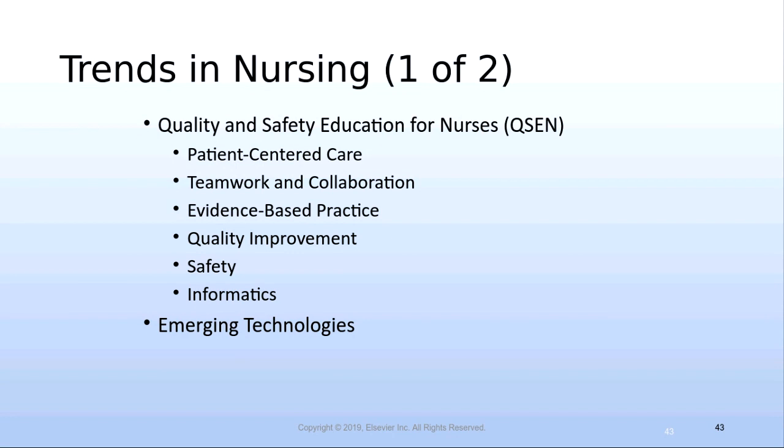So this initiative encompasses the competencies of patient-centered care, work in collaboration, evidence-based practice, quality improvement, safety, and informatics. For each competency, there's targeted knowledge, skills, and attitudes. We base a lot of our policies and procedures on these things that we're trying to meet.